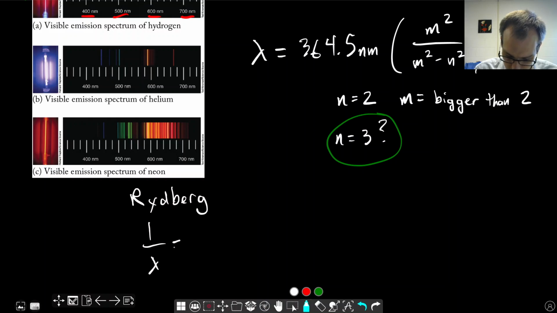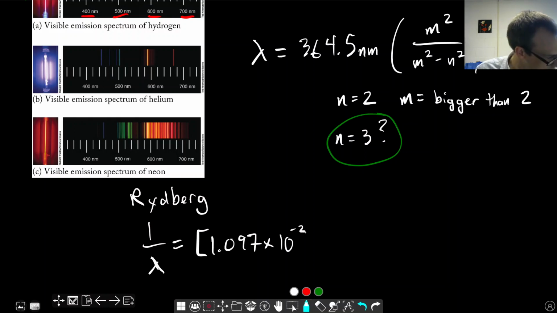Rydberg plotted things in terms of 1 over wavelength, a unit I use a lot called the wave number. We have this constant, 1.097 times 10 to the minus 2 nanometers to the minus 1. Because this is 1 over wavelength, we get units of 1 over distance.